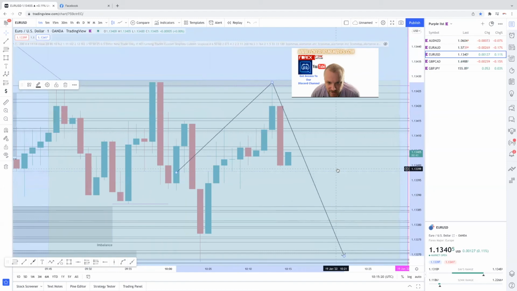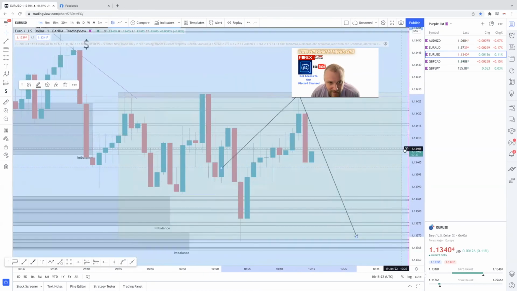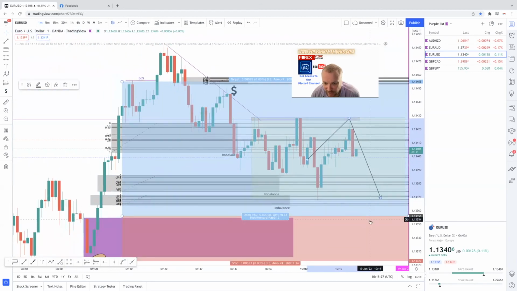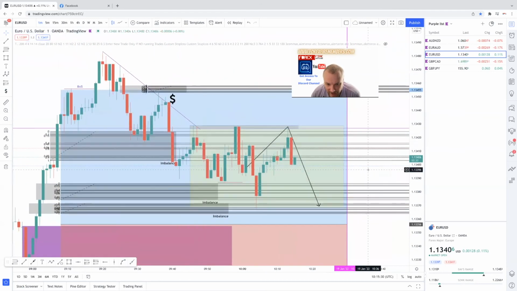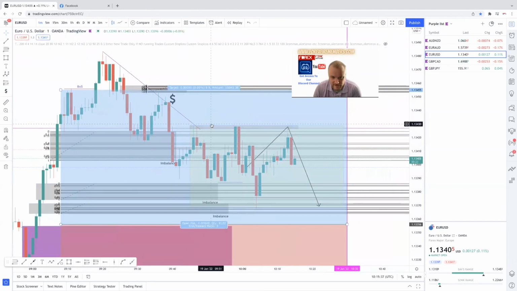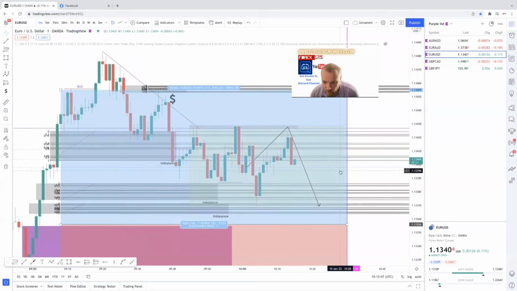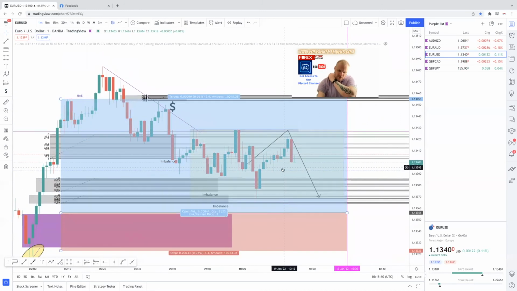So again, this could potentially mean the areas that we're looking at to be attacked now is certainly the lower side here of this imbalance, or if it wants to go higher, it will start attacking the liquidity here. It will start attacking the liquidity on this lower high, and then these lower highs here on the trend.